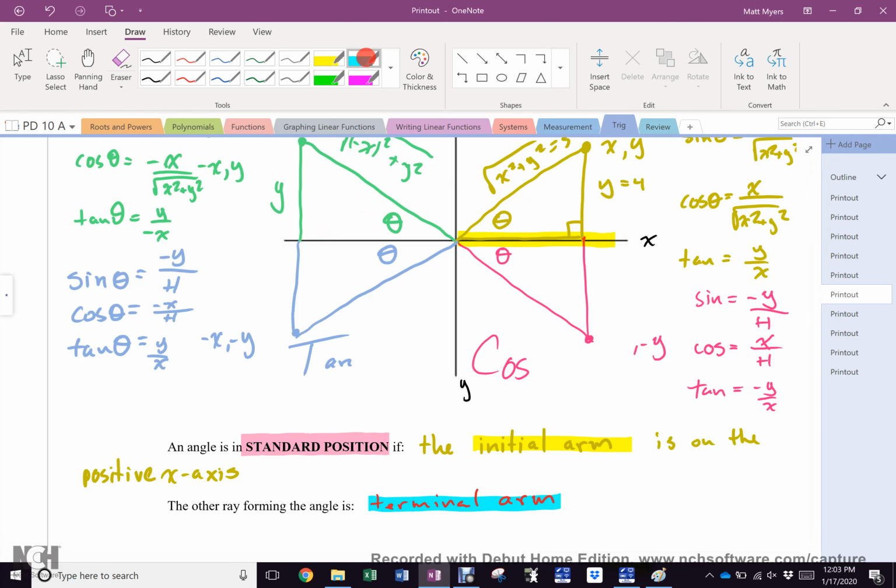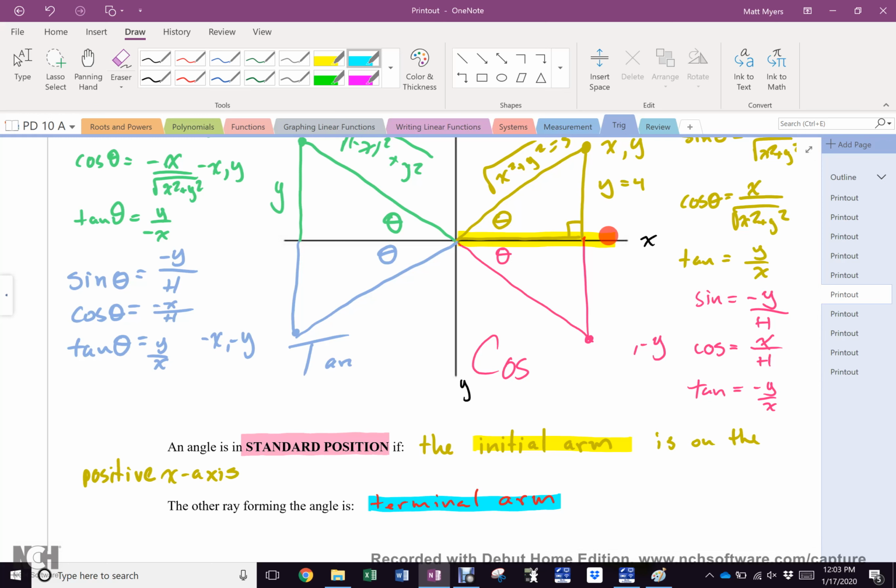Then how many terminal arms must I draw here? How many angles have I formed here? I've formed only two angles. What symbol means an angle? How many thetas do you see?